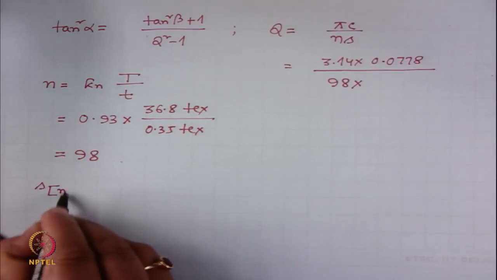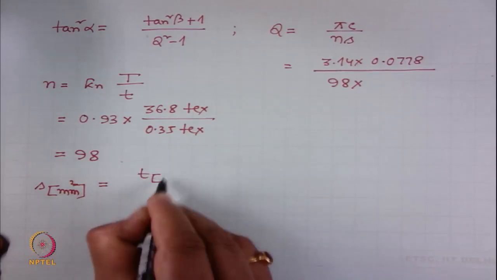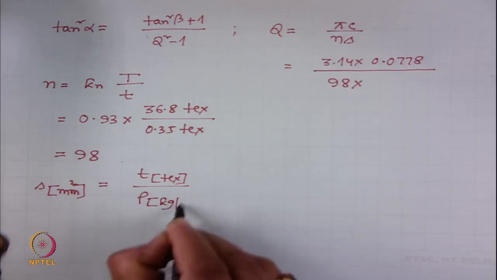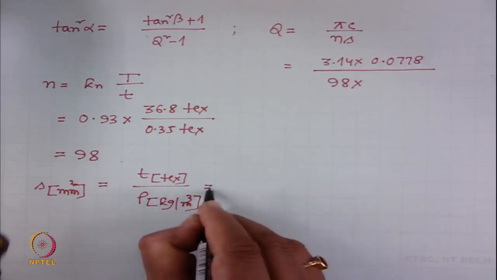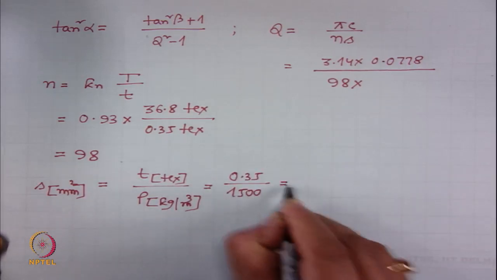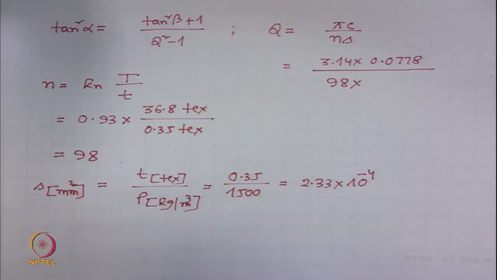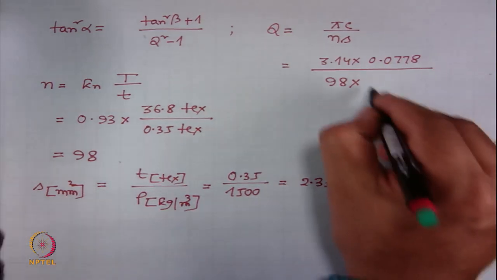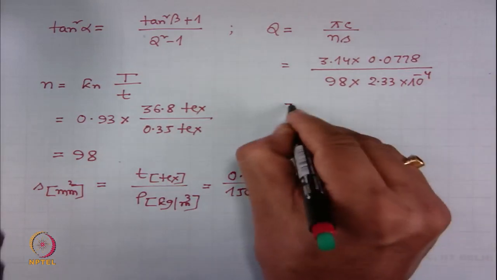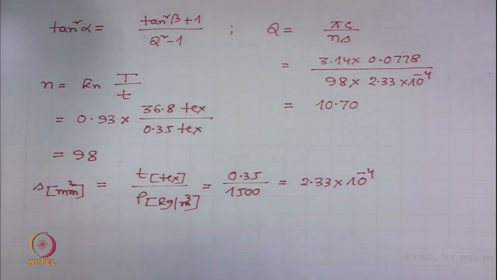So, this is your 98 into small s. How to find out small s? Cross sectional area, we know this relation from module 1. So, this was 0.35 divided by 1500. So, this value will be equal to 2.33 into 10 to the power minus 4, and q will come to 10.70.